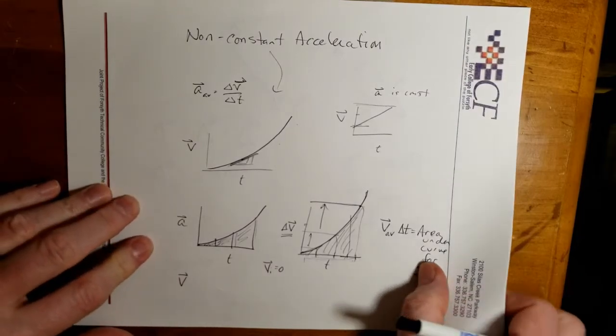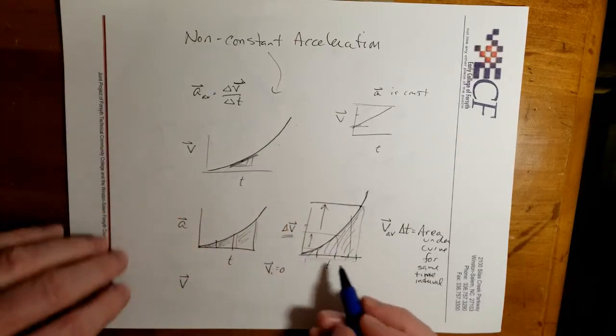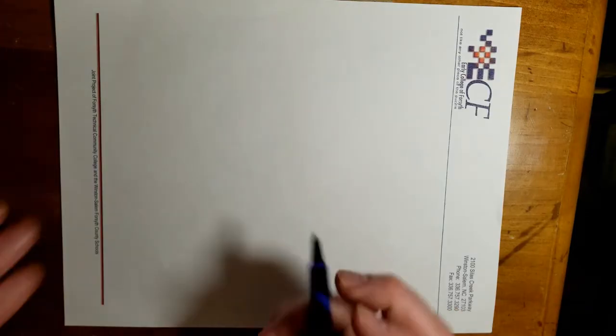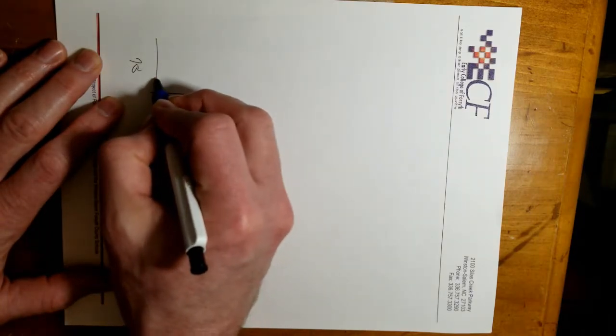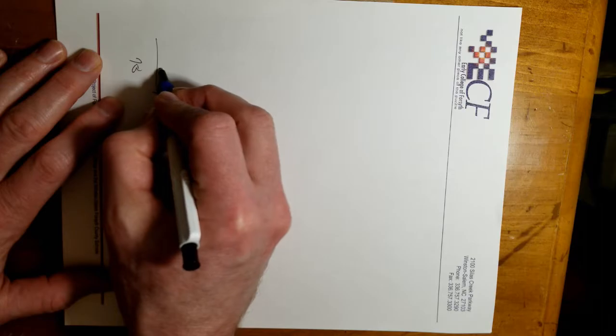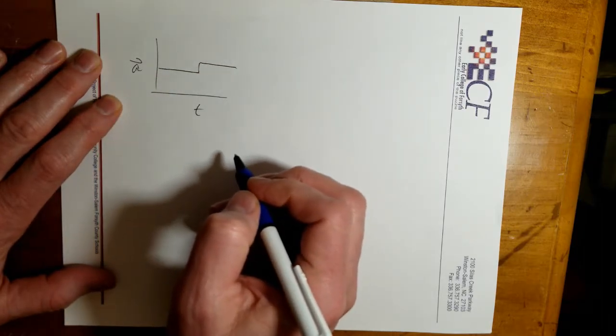Now there is a place where we can deal with non-constant acceleration and not have to play around with estimating. And that's if my acceleration versus time graph is actually two constant values.